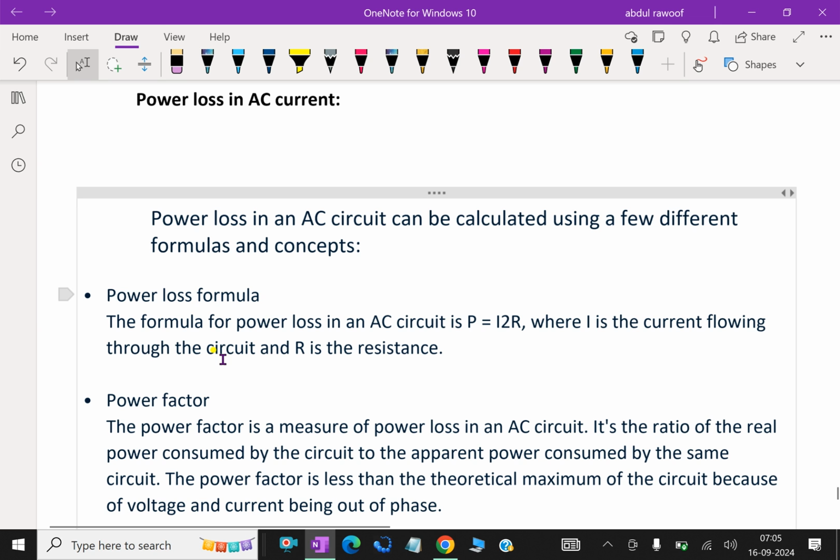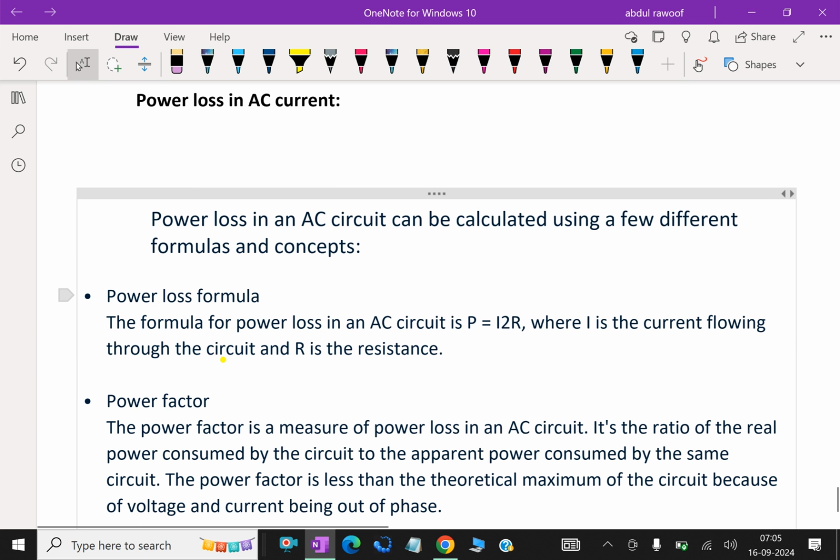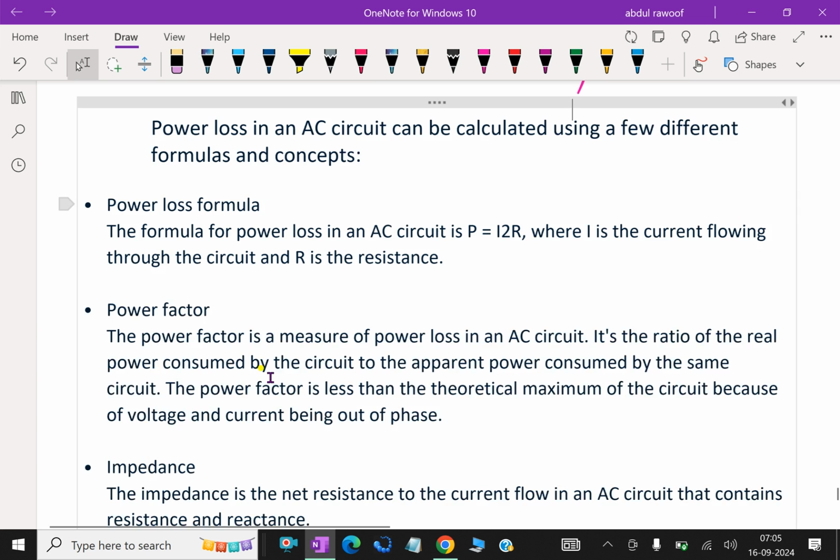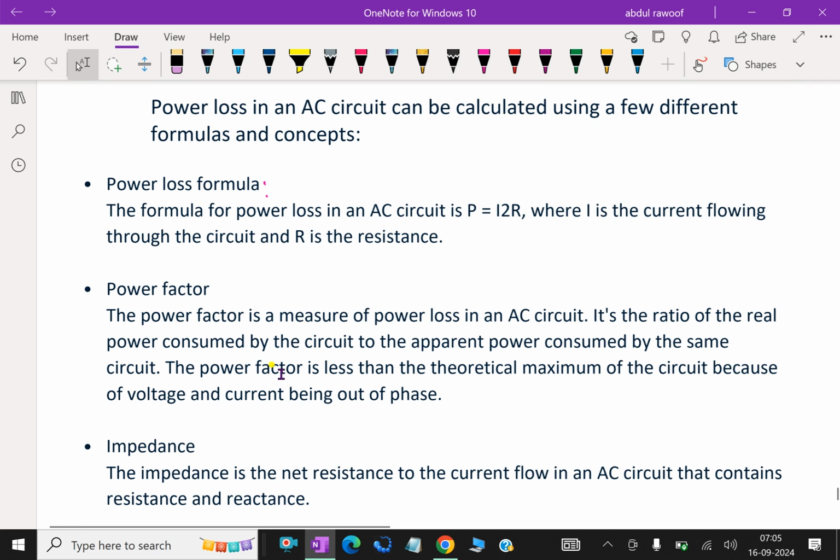The power loss in the impedance, the formula is P equal VI cos phi. Power loss formula: the formula for power loss in an AC circuit is P equal to I squared R. This is from Ohm's law, where I is the current flowing through the circuit and R is the resistance.